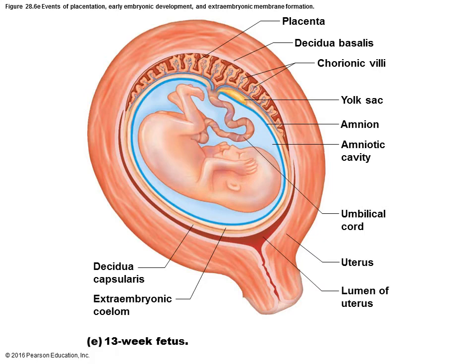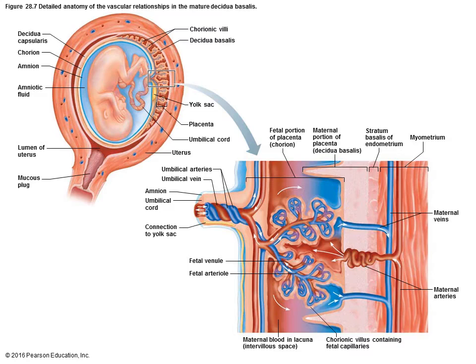As you can see here, the developing embryo with the placenta, with the blood supply, and the placement around the endometrium, oh, excuse me, within the uterus.